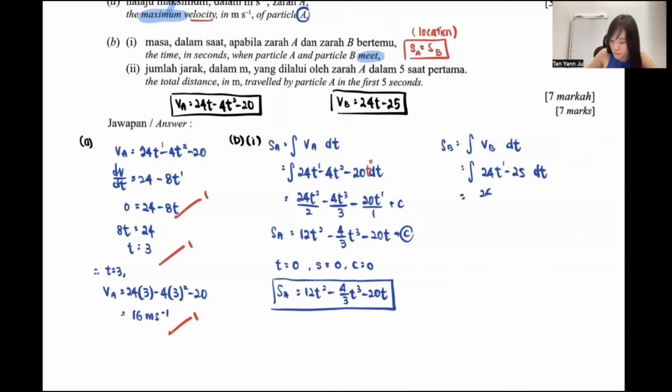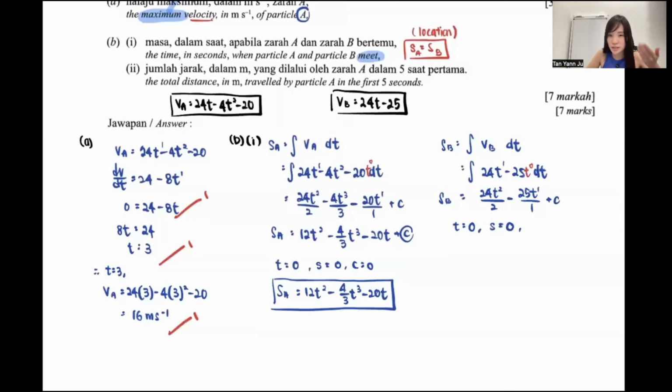1 plus 1, power 2, divided by 2. This 25 has no t, t to the power 0, 0 plus 1 is only 1 over 1. So plus c, and don't forget to write plus c. I repeat, how do we find this c? You need to sub your initial time, 0, and your initial displacement, which is 0, because they say they start from the origin and they never mention anything other than that.